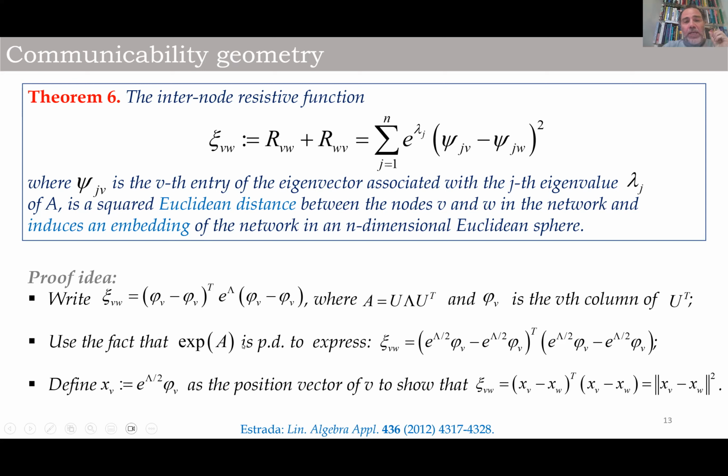Because the exponential of any matrix is positive definite, we can always obtain the square root of this matrix, such that we can split the exponential of the eigenvalues in two terms, like in here, obtaining this expression that immediately becomes clear is a Euclidean norm, particularly if we define that this term here is just the position vector of the node V in this Euclidean space that I will show you immediately.